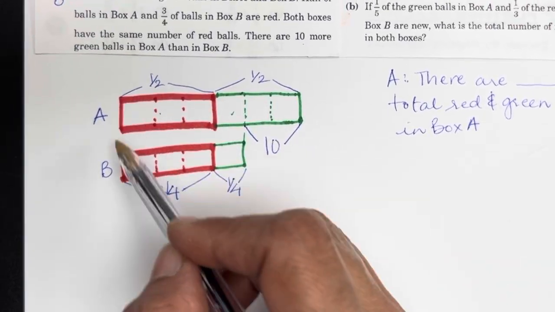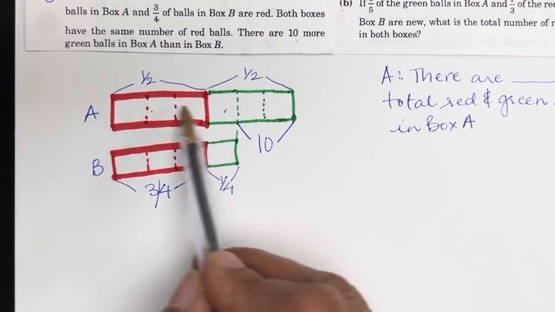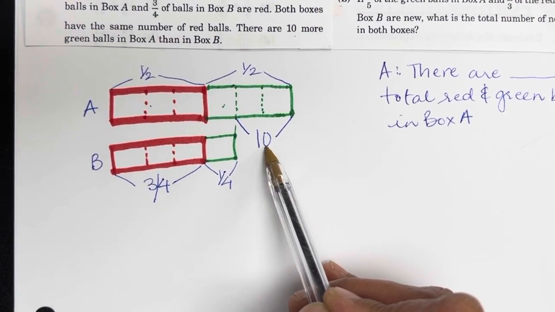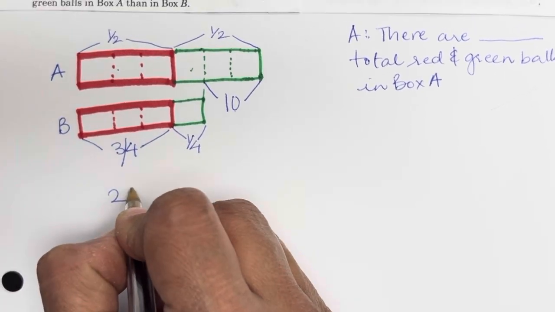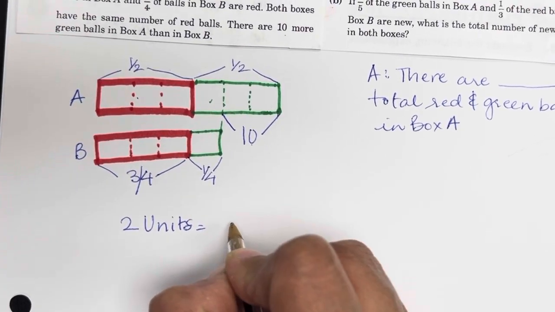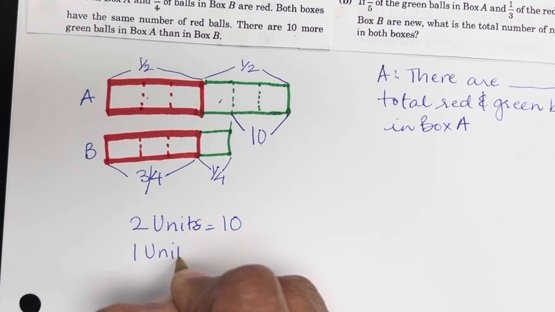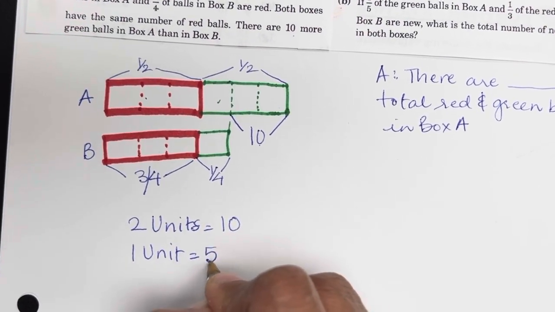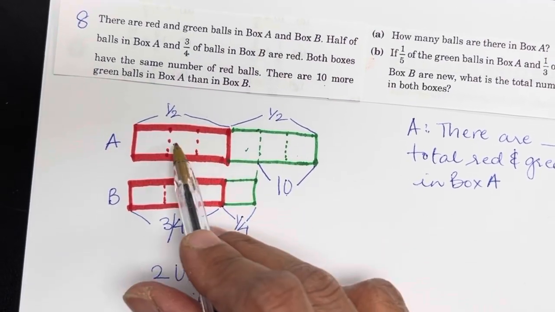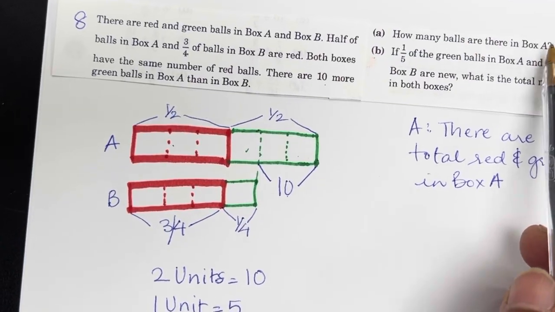So now from this we understand that 2 of those units is equal to 10. So 2 units equals 10, which means 1 unit is equal to 5 balls of each color here. The question was, how many balls are there in box A?